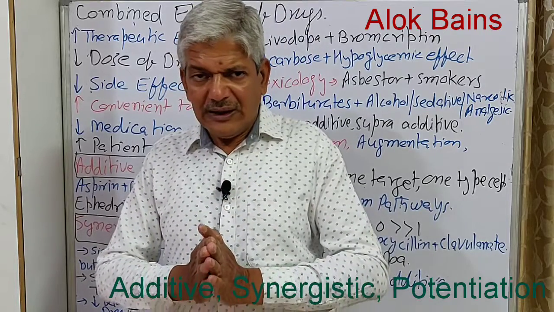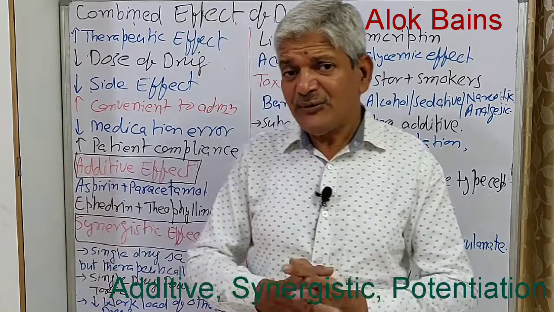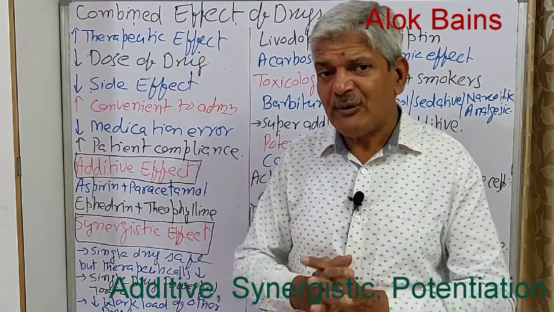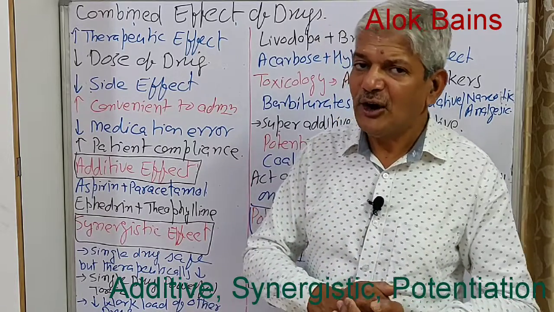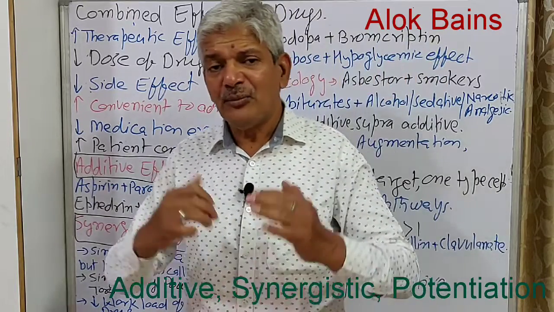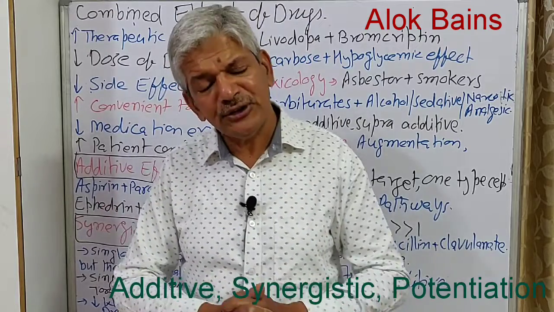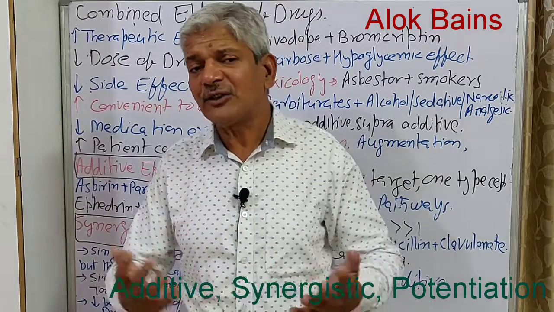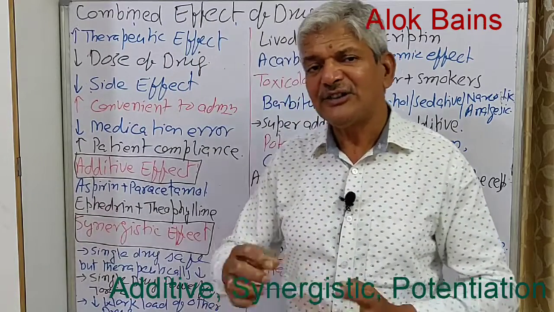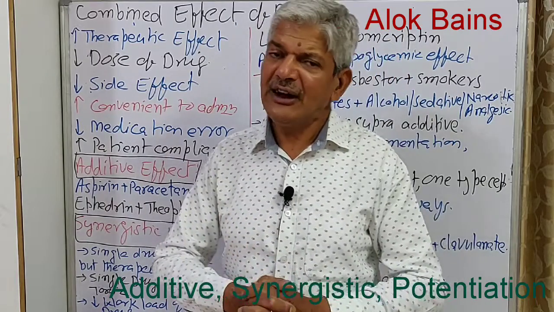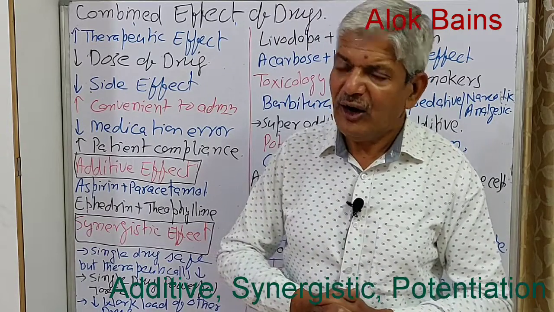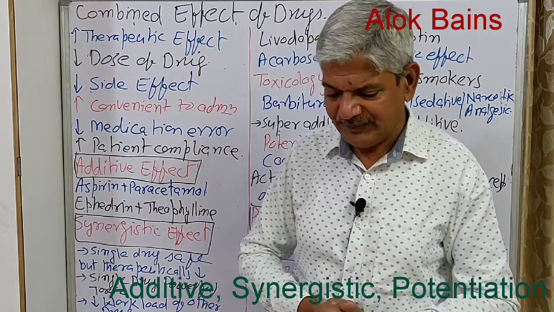Now, suppose a person is suffering from a dopaminergic receptor problem in the CNS. In that condition, levodopa will not be effective because the body converts levodopa into dopamine, and dopamine cannot cross the blood-brain barrier. Means the levodopa we are administering cannot enter the brain or the CNS.